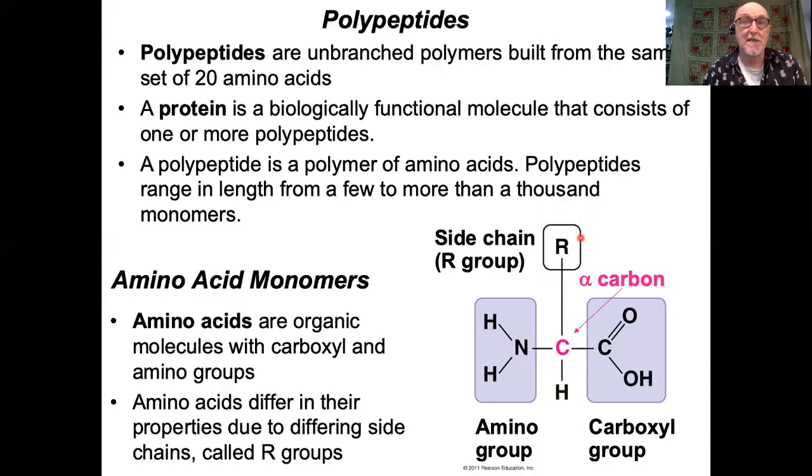You can just remember it as the R group. This side chain does not participate in polypeptide formation. It has nothing to do with making a polypeptide or forming a polymer. The polymer is formed by joining the base group that forms the structure of the amino acid.